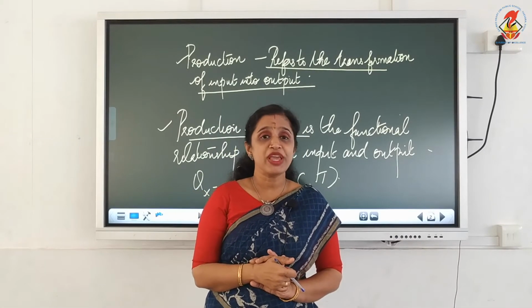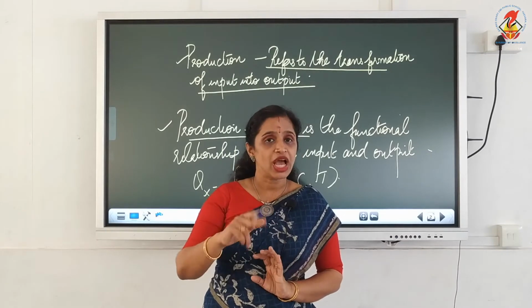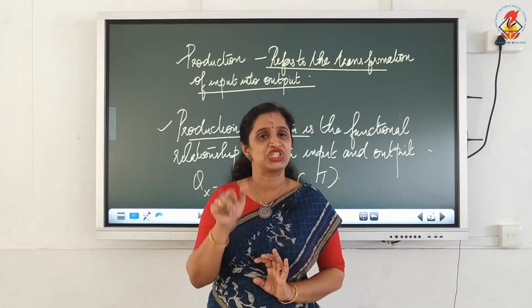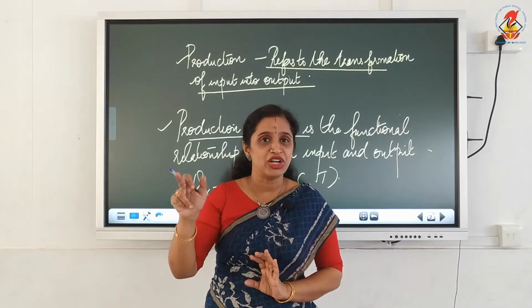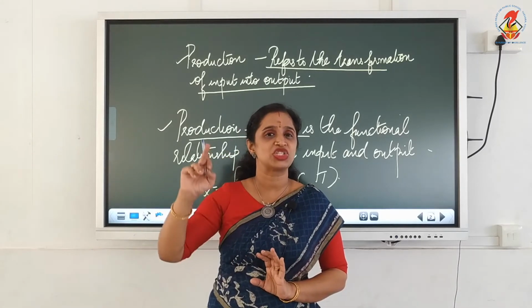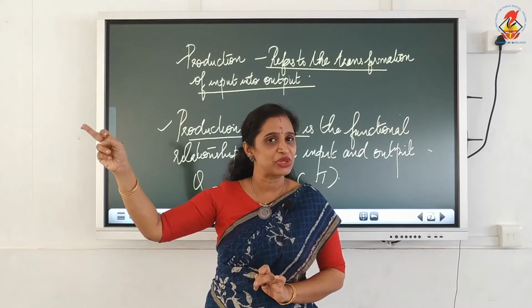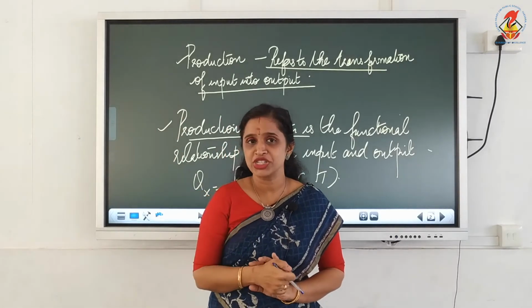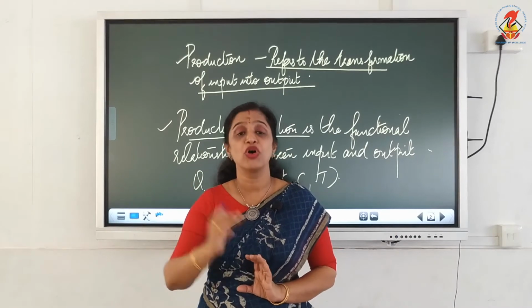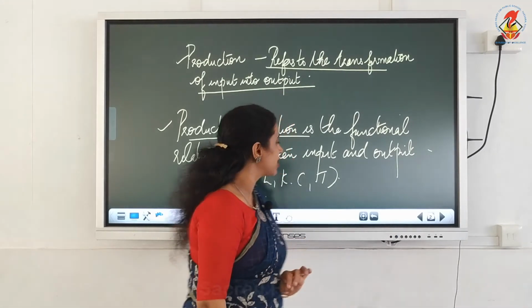Now when you speak about production function, we have to write it in the form of a function, right? Just as you wrote that demand is a function of so many factors such as prices of other goods, like that, we have to write production function in the form of a function or an equation. How do we write that?